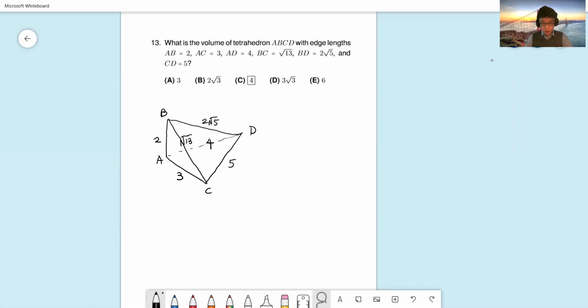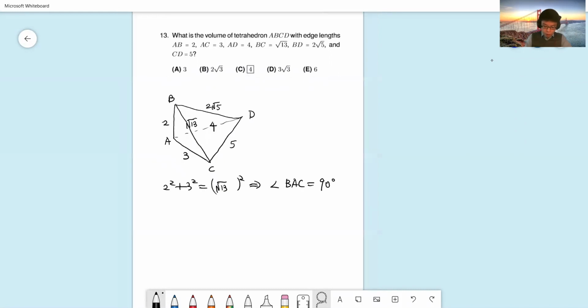We will see there are right angles, because 2 squared plus 3 squared equals root 13 squared. That means angle BAC is 90 degrees. And 3 squared plus 4 squared equals 5 squared, which means angle CAD is 90 degrees.